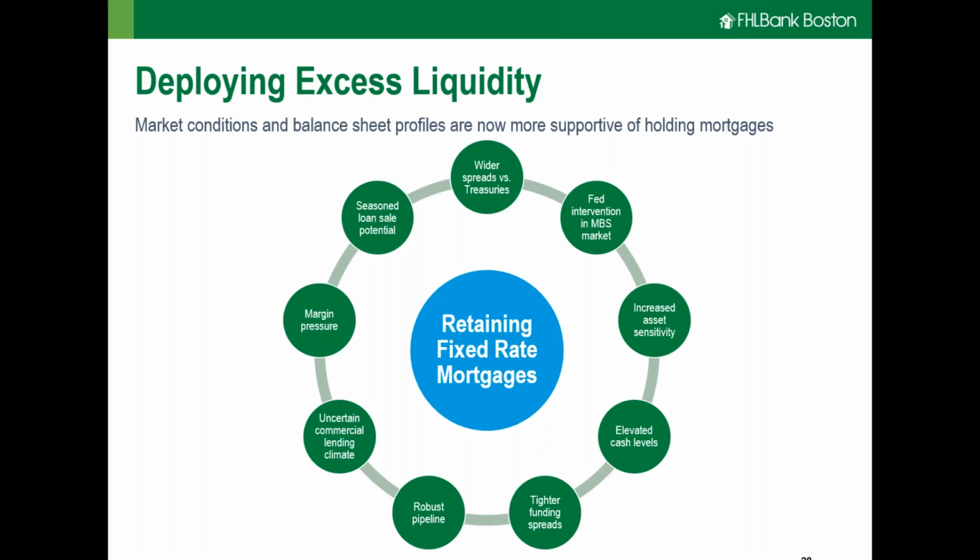So if we take these balance sheet trends and challenges and look at market conditions, we see tighter MBS spreads, wider loan spreads, and stable funding conditions. When you consider balance sheet needs, along with those market conditions, there's opportunity that our members can take advantage of by retaining fixed rate mortgages.